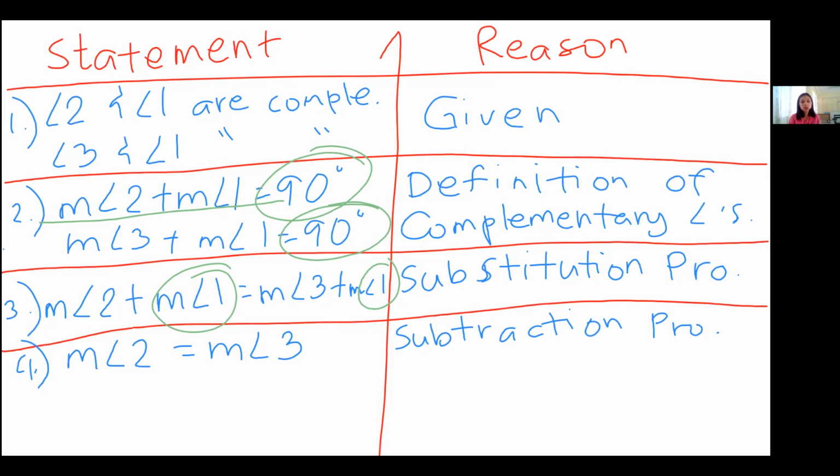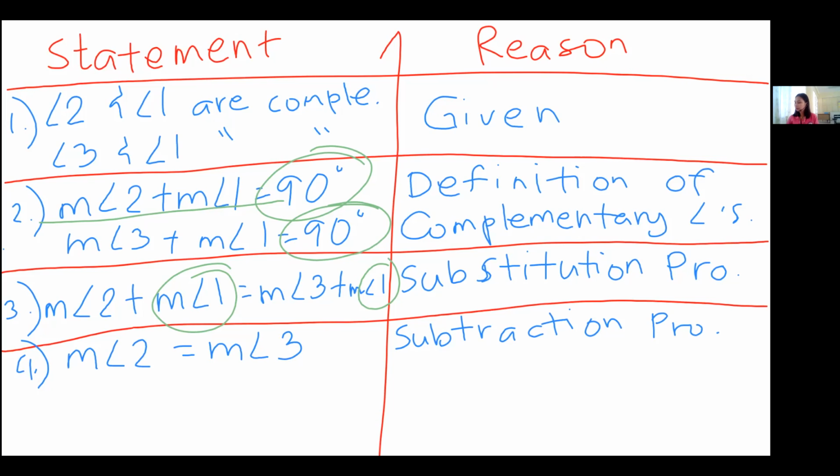Pag tinignan mo kasi siya na ganyan, since meron silang in common pareho, si left and si right side po, therefore, we can say na yung remaining partner nila on both sides are equal po, which is si measurement ni angle 2 and measurement ni angle 3. So, that is subtraction property po.